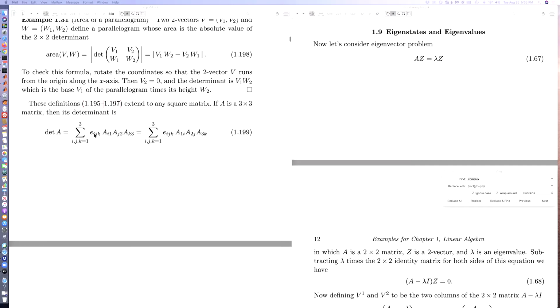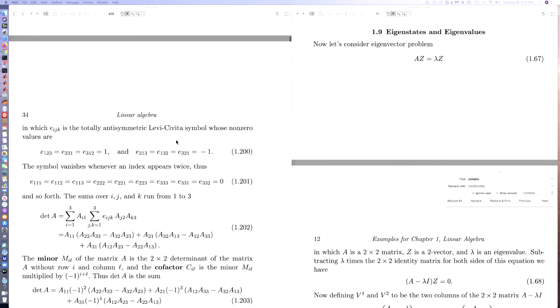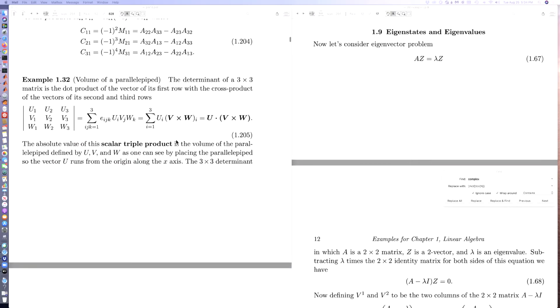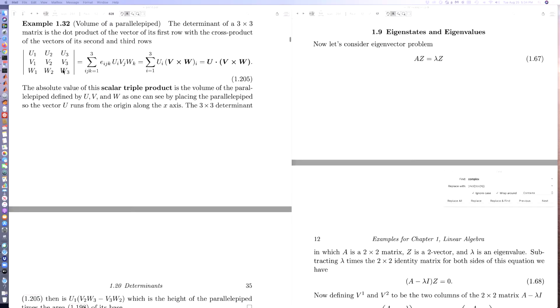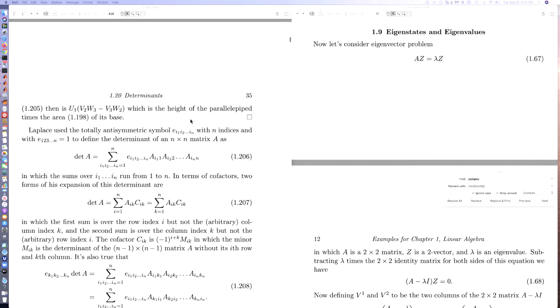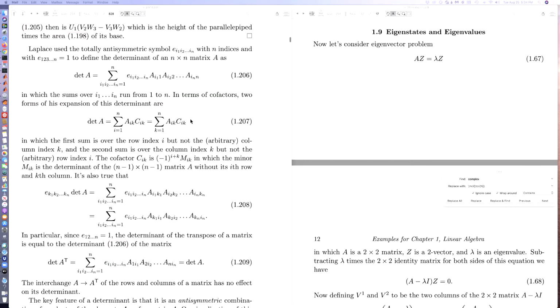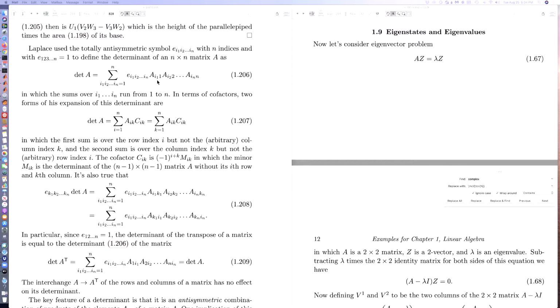Of course, for a 3x3 matrix, you use this anti-symmetric symbol, and you sum this way or that way. And so we knew some of this before. The volume of a parallelepiped defined by three vectors is given by the absolute value of the determinant of the three vectors. Laplace showed that in general, in terms of an anti-symmetric symbol, I've been calling it the Levi-Civita symbol, but since Laplace was using it a long time ago, it probably was invented by somebody else.